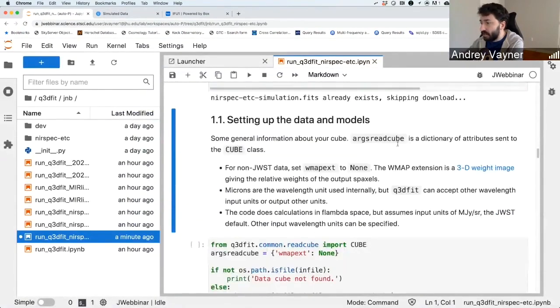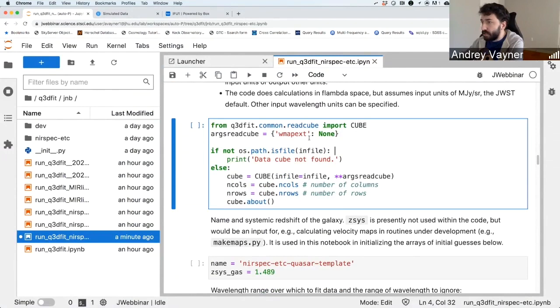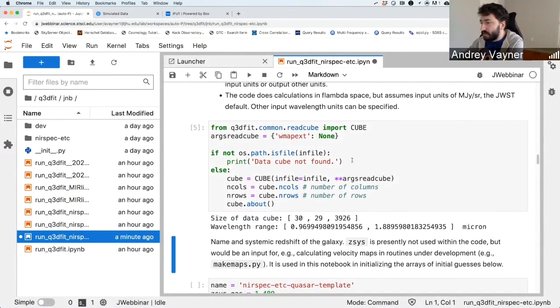All right, so the data got downloaded. Then the next portion here is dealing with loading the data in. It's a very standard file. We're trying to make it as close as possible to the FITS header that you would expect from JWST, but for example, things like the wavelength, the WMAP extension doesn't exist in the etc simulated data, so we have to basically set it to none here for the data to load.